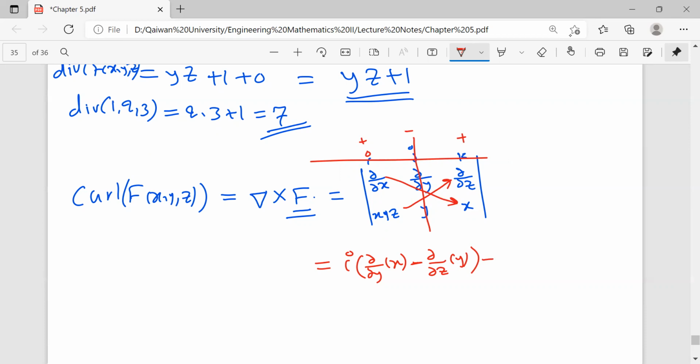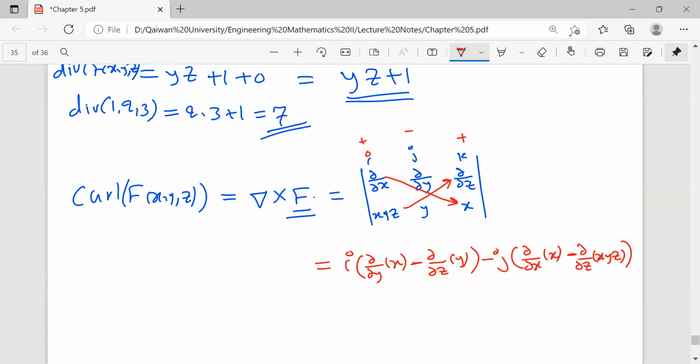We give a negative sign for the second one. Minus j, partial by partial x times x minus partial by partial z times xyz. That's for j, for the second.